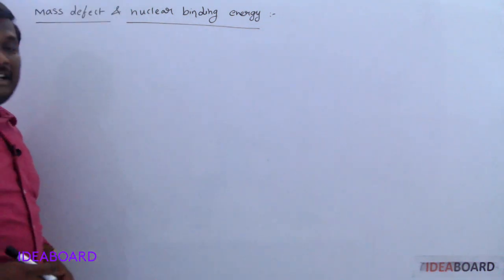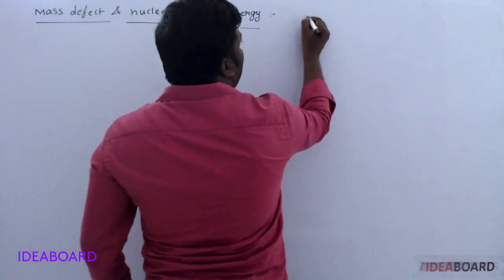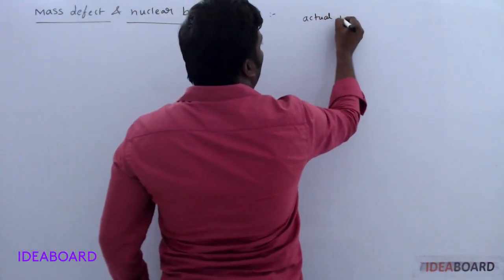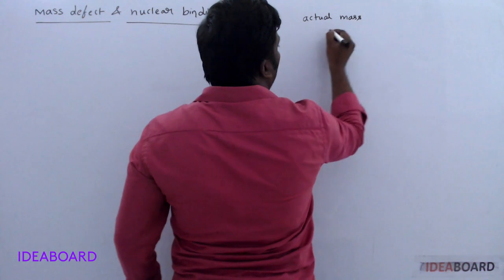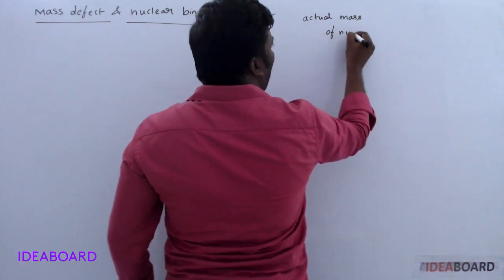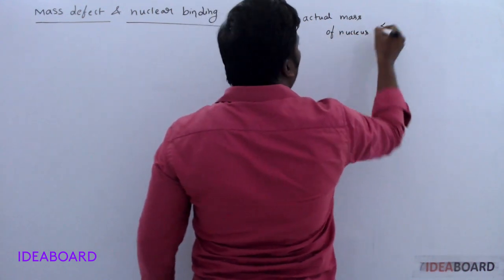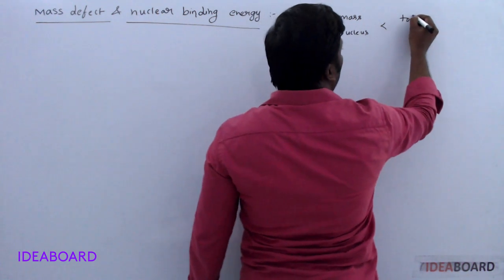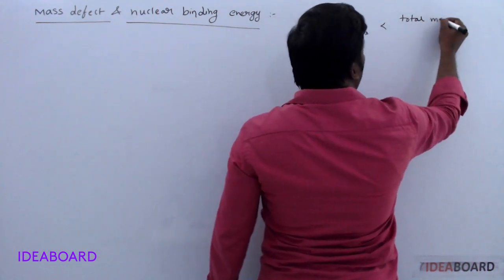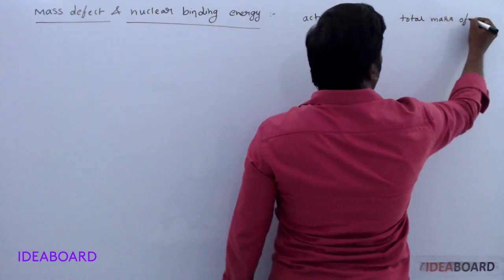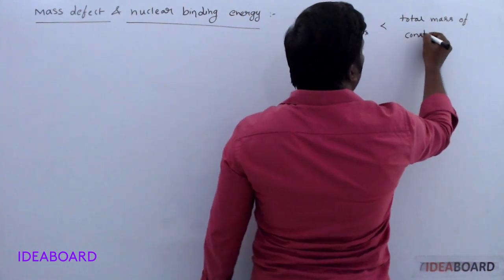Experimentally, scientists found that the actual mass of a stable nucleus is always lesser than the total mass of constituent nucleons.